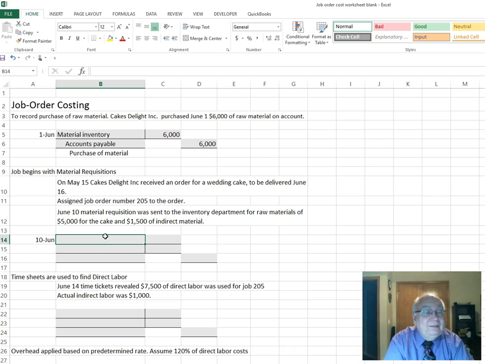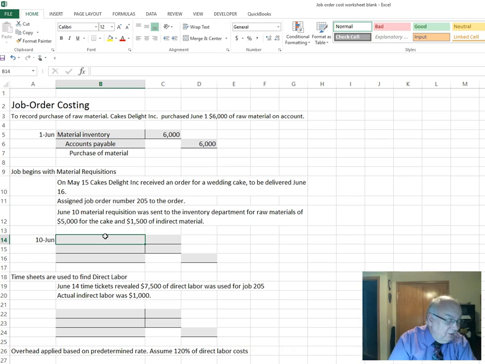Then on May 15th, Cakes Delight received an order for a wedding cake to be delivered on June 16th. We assigned the job number 205 to it. On June 10th, the material was requisitioned. Material requisition was sent to the inventory department for raw materials of $5,000. The cake also had $1,500 of indirect material that came with it.